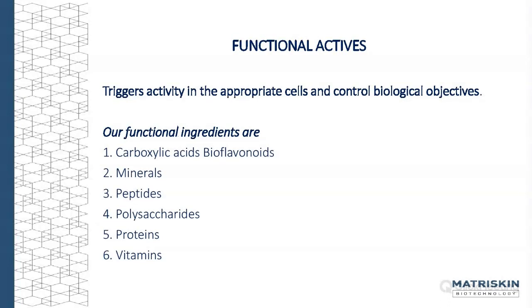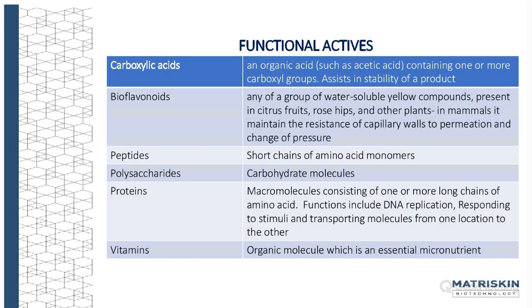Certain examples of functional actives used in the Matriskin brand include carboxylic acid, bioflavonoids from plants, minerals, peptides, which are basically chains of amino acids, polysaccharides, proteins, and vitamins, which are all geared towards improving skin health.